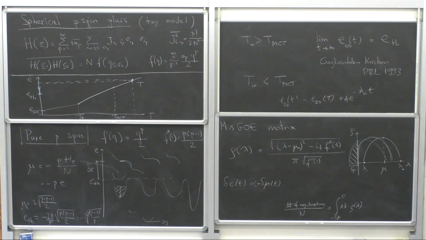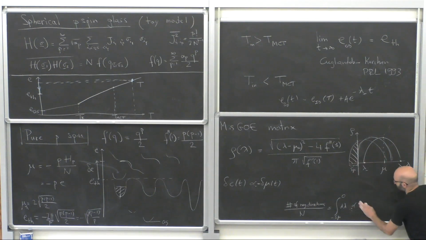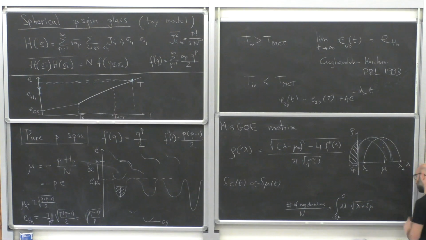Okay? Now rho of lambda has a square root singularity here, so I can write it as square root of lambda plus delta mu, I think. So I can compute this integral, and this goes like delta mu to the 3/2.